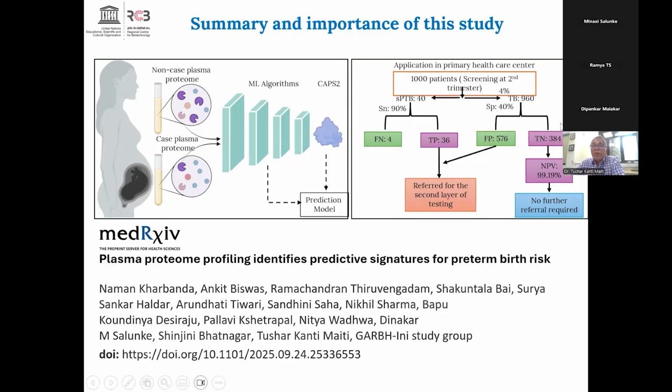These 384 patients, whose negative predictivity is 99%, are completely free of preterm birth, and the patient does not require any kind of referral. So at least you will be able to reduce the substantial burden of preterm birth screening.